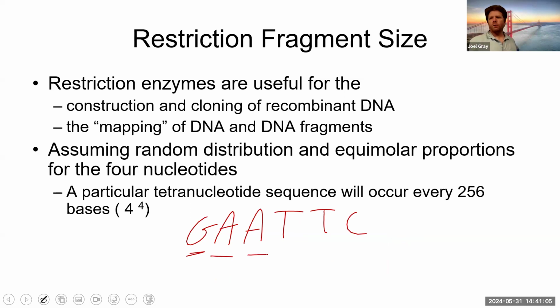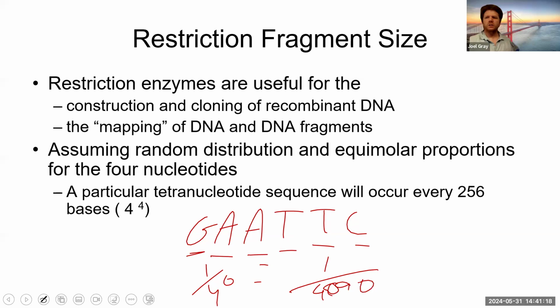A, 1 out of 4, 1 out of 4, 1 out of 4, 1 out of 4, 1 out of 4. So you're talking about 1 out of 4 to the 6th power, which is once every 4,096 base pairs, because it's just a quarter times a quarter times a quarter times a quarter times a quarter times a quarter. Does everyone follow that? Okay.